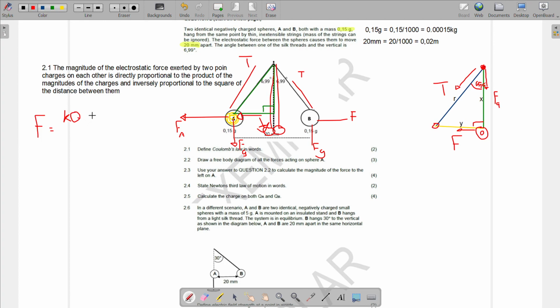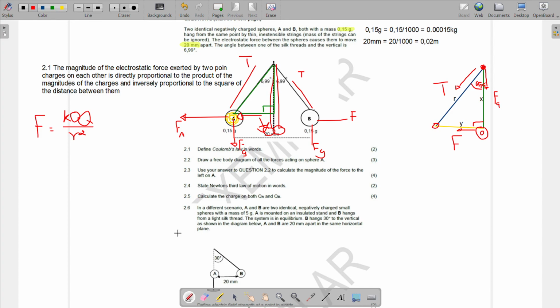If it's 2 charges, we will put q1 multiplied by q2 divided by r to the power of 2. This is what they're talking about here. But we don't want definitions where you just write the formula. No, don't write the formula, just define it as it is.